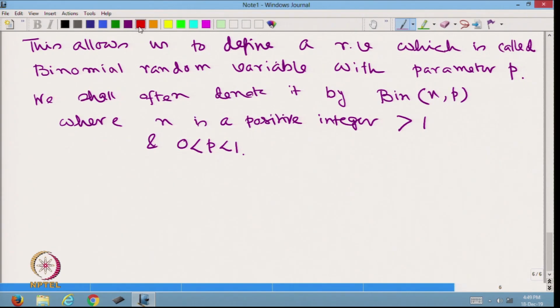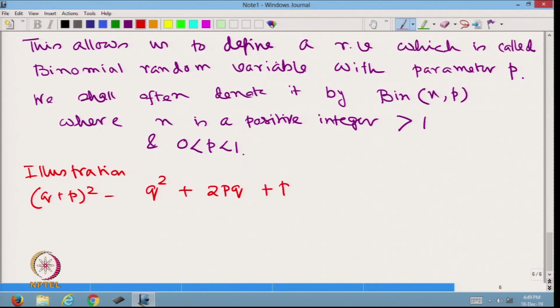Illustration: q plus p whole square is equal to q square plus 2pq plus p square.